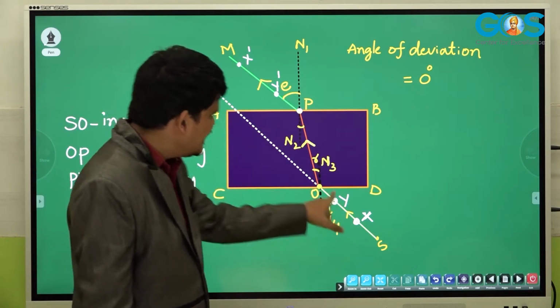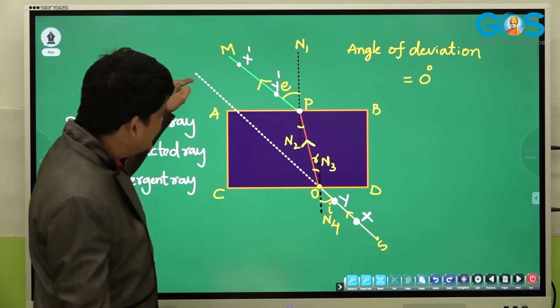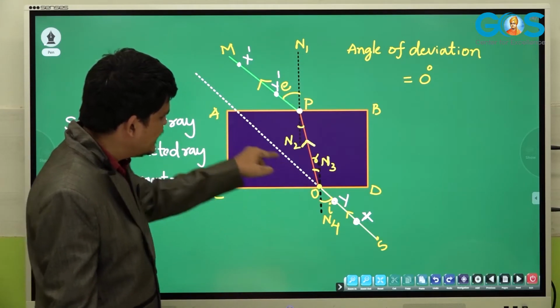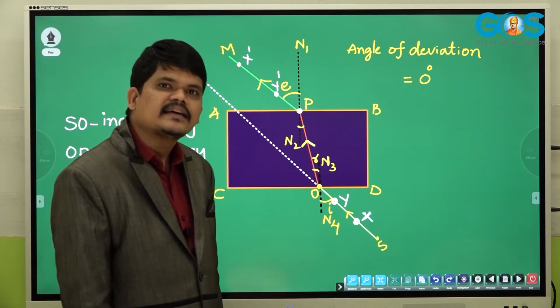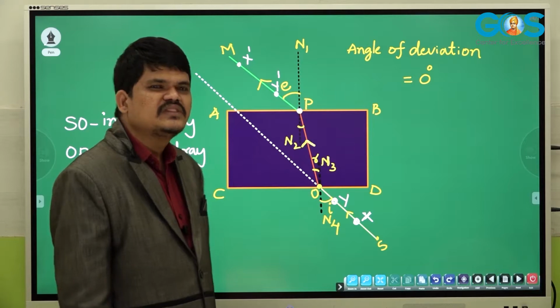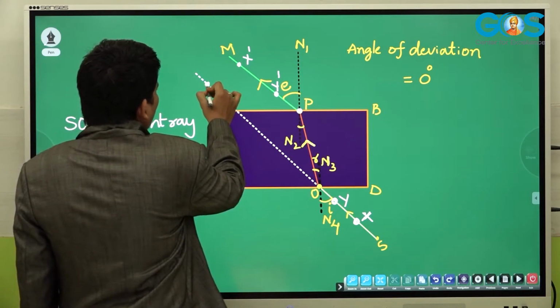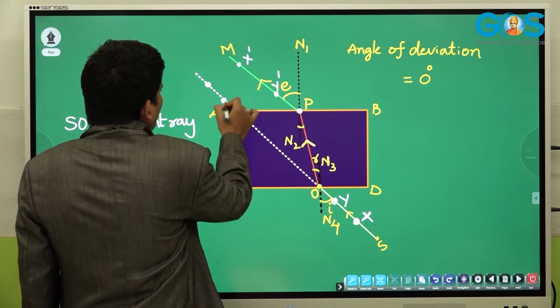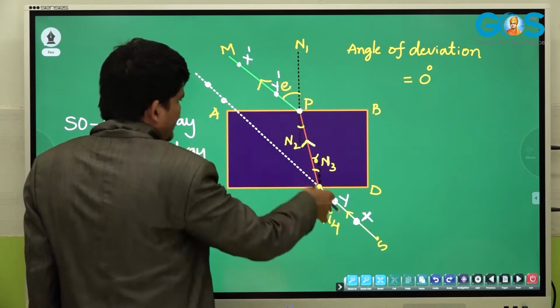Now try to extend the incident ray, as shown here in the form of white dotted lines. Place here two pins, namely, M is already completed, right?